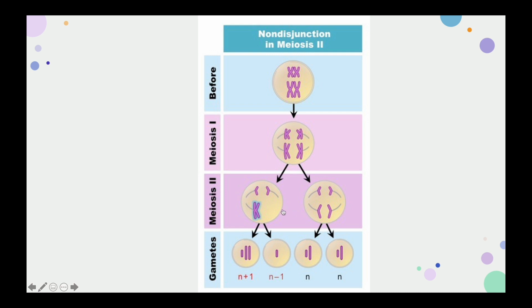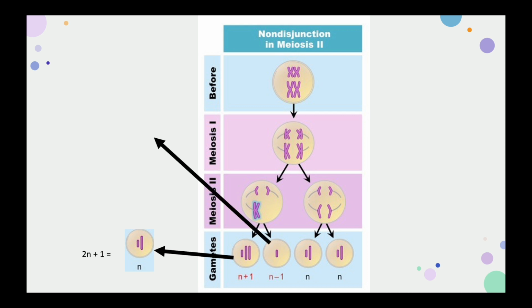However, let's take a look at this. There is the occurrence of chromosome non-disjunction for this big chromosome during meiosis II. This big chromosome failed to separate, causing this gamete cell to have two copies of large chromosome. Meanwhile, this gamete received no large chromosome at all. If this gamete fertilizes a normal gamete, it will result in individual with one extra chromosome, or 2n plus 1.